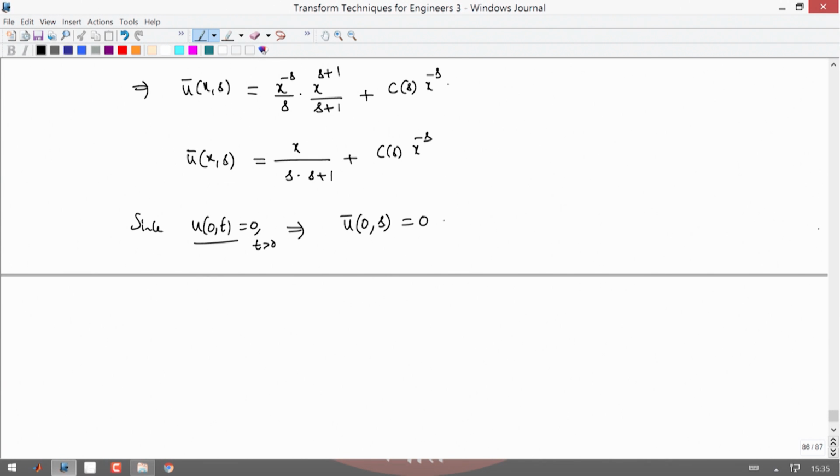Now I use this here to see that the left hand side is 0, which is equal to ū of 0, s. I am putting x equal to 0 here. So, this is 0, because I put x equal to 0, you get c of s times 0 to the power minus s. Okay. So, 0 to the power minus s, you do not know exactly what it is, right. So, you can apply this as x^(s+1). So, you can remove this and you have x^s.